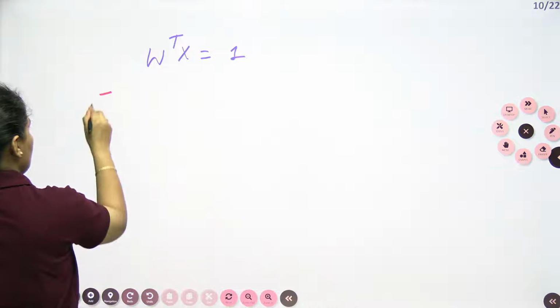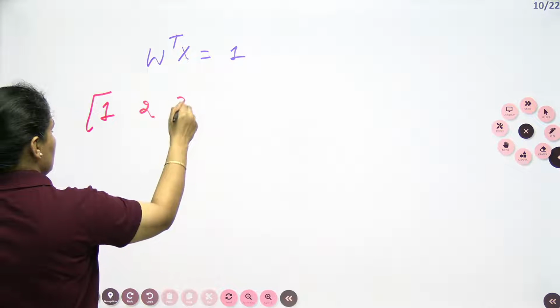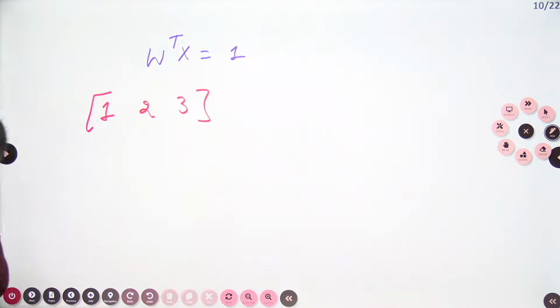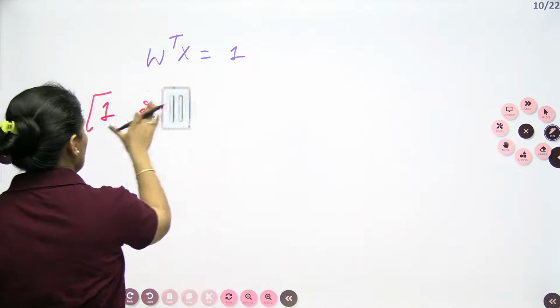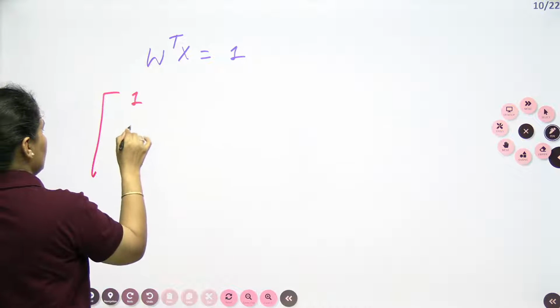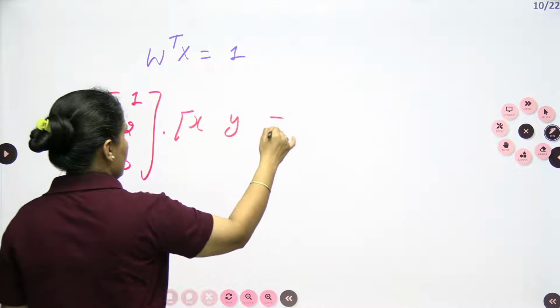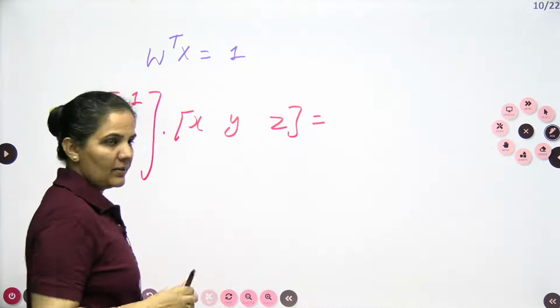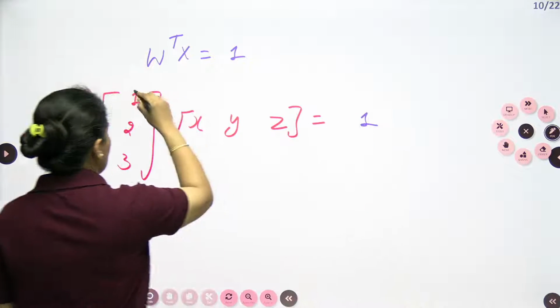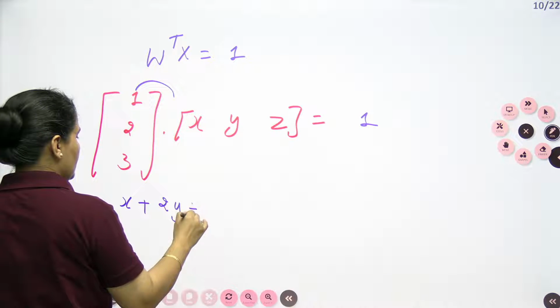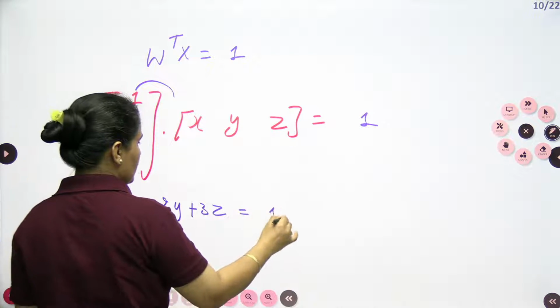And x we don't know, so x you can write down as x, y, z. X is nothing but variables, and this is equal to 1. When you multiply, this is x plus 2y plus 3z is equal to 1.